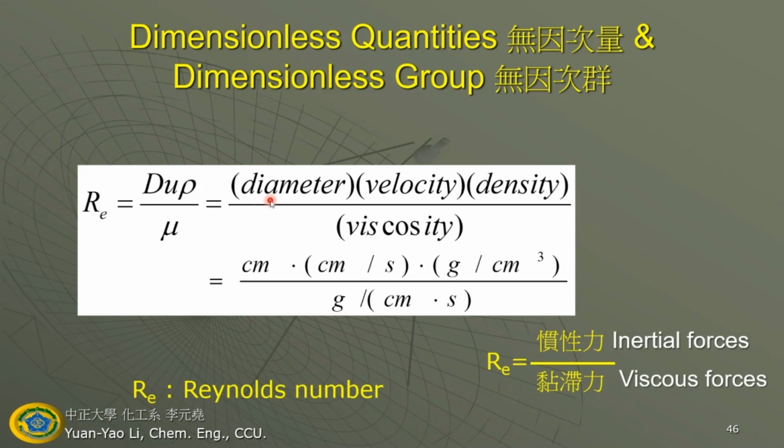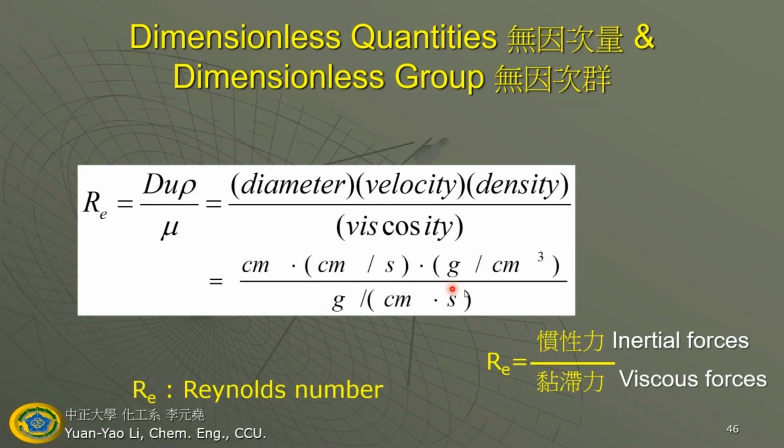So, for example, the unit of the diameter is centimeter. Velocity will be centimeter divided by second, right? And the density will be gram divided by cubic centimeter. So as you know, if this needs to be dimensionless, you will know that the dimension of the viscosity will be gram divided by centimeter times second.